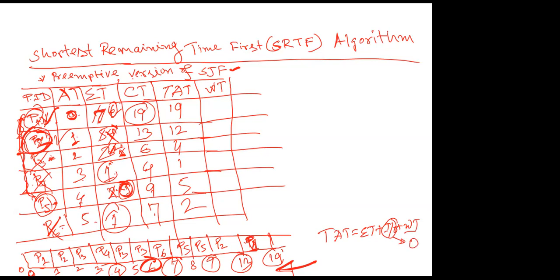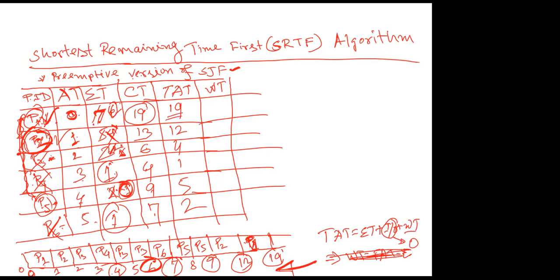So what will be the WT? WT is TAT minus ET, execution time.